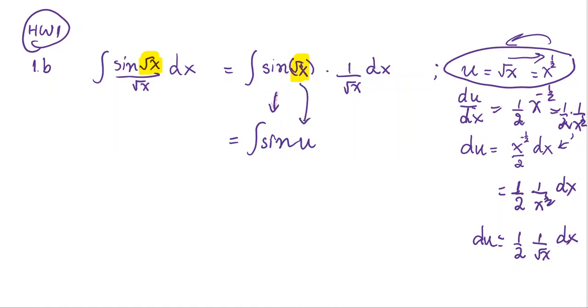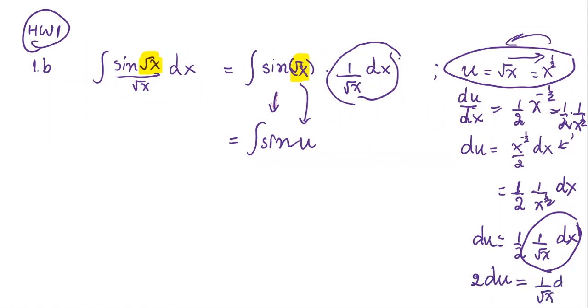Because square root x is u. And then as you see, this part is similar, it's just part of the differential of u. How do you replace the 1 over square root x dx in terms of du? Multiply both sides by 2. So 2 du equals 1 over square root x with respect to x.